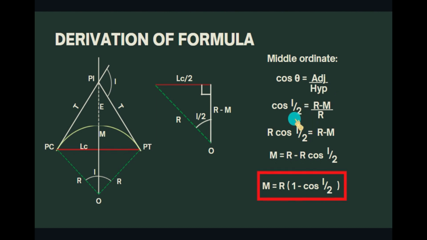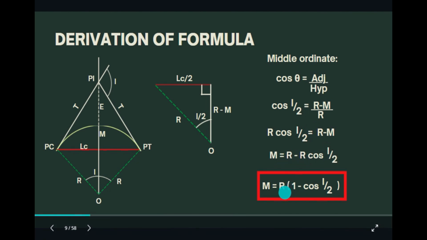So we have cosine, and our theta here would be I over 2, which is equal to its adjacent, R minus M, over the hypotenuse of R. So we can just simplify the equation, and then we can factor out R and get the formula of the middle ordinate, which is M equals R, parentheses, 1 minus cosine I over 2, close parentheses.